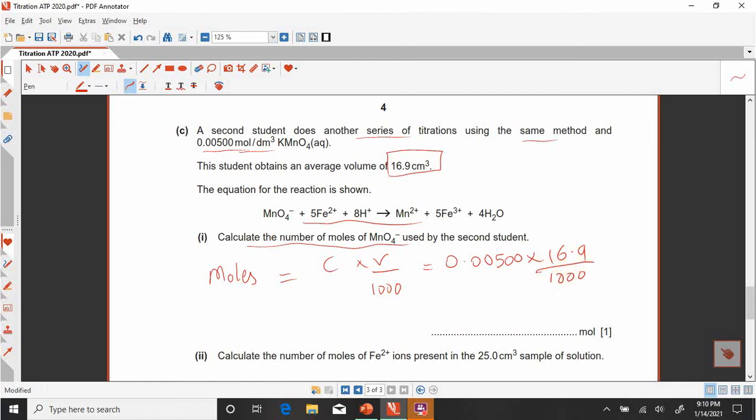So when you calculate this, the answer will be 0.00845. Let me confirm this one.